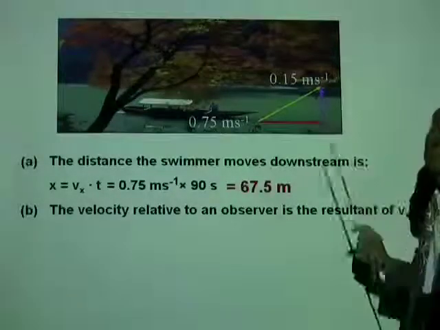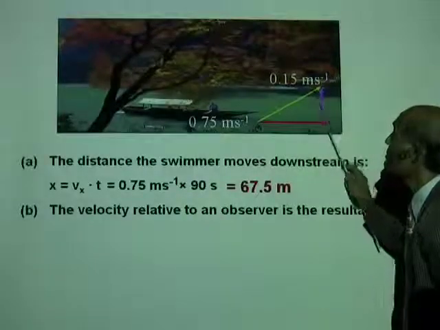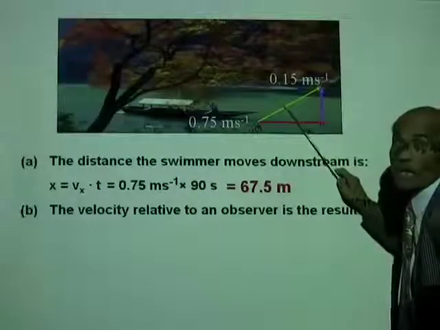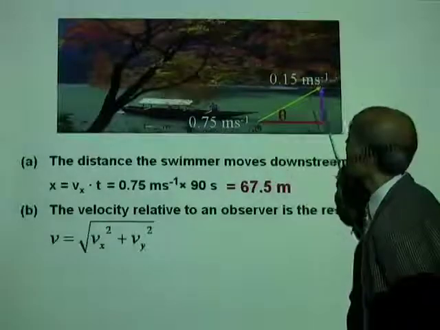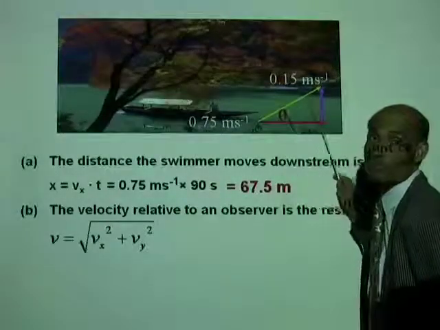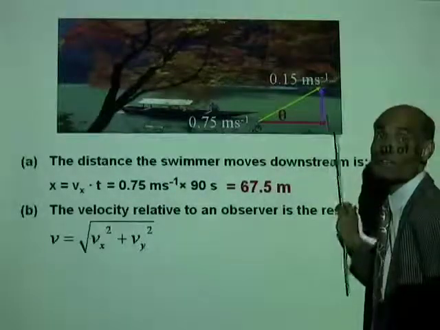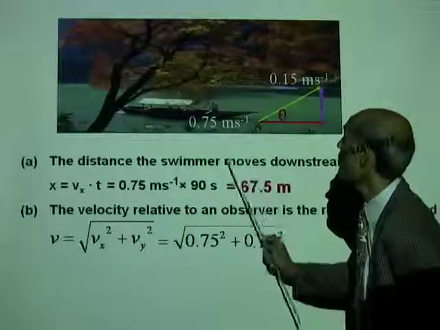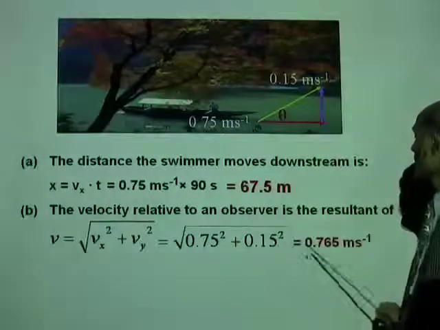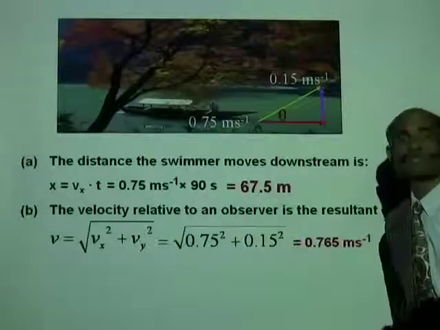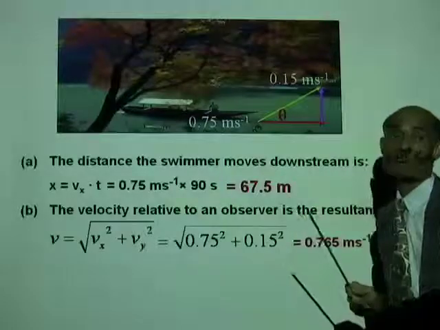We need to find the magnitude, the length of this vector, and the angle theta. The length of the resultant is the square root of Vx squared plus Vy squared, which is the square root of 0.75 squared plus 0.15 squared. That is 0.765 meters per second.